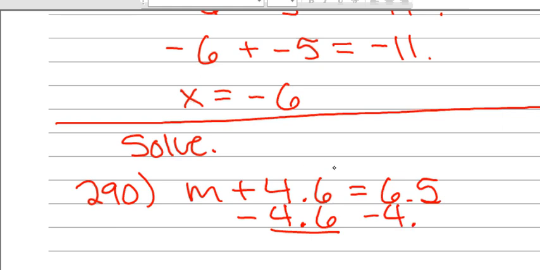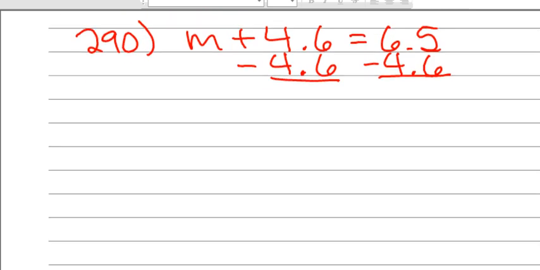I subtract 4.6, and I line up my decimals, because I am subtracting. So these cancel out, bring the m down, and I'm going to just do a regular subtraction. Can I take 6 away from 5?